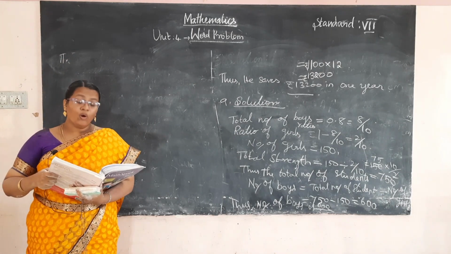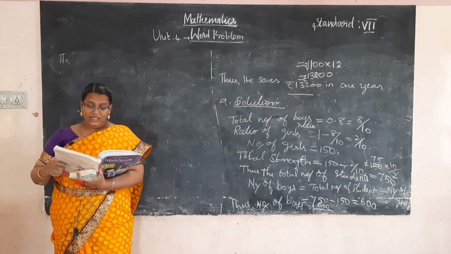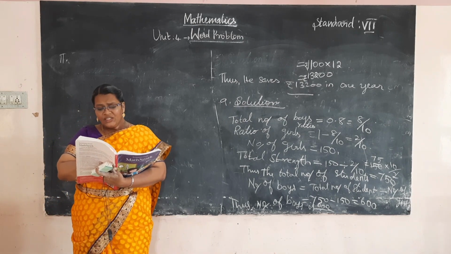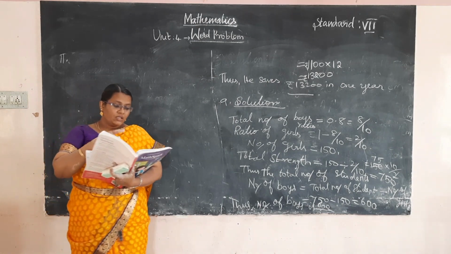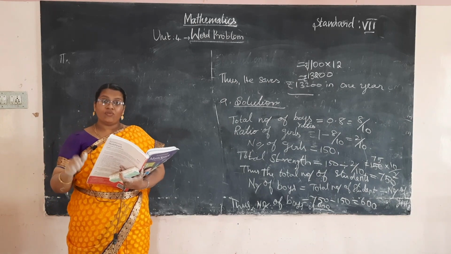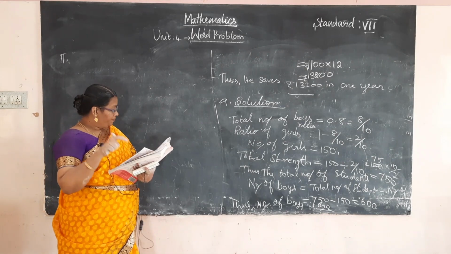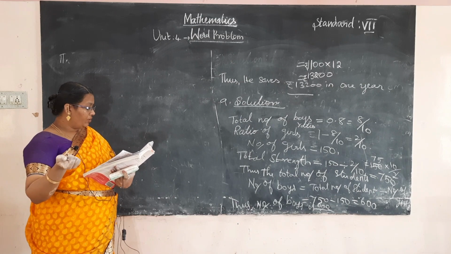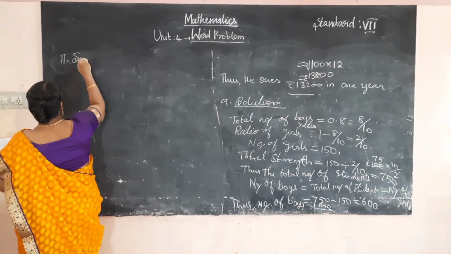A bus takes 4.5 hours to cover the distance of 180 km between Delhi and Roorkee. How much time will it take to cover the distance of 280 kilometers? In the first case, the bus takes 4.5 hours to cover the distance of 180 kilometers. So first we have to find out the speed of that bus, and after that calculate the time for the distance of 280 kilometers.